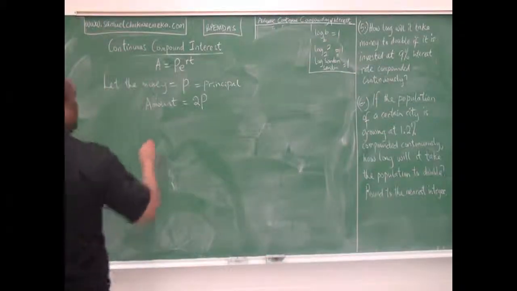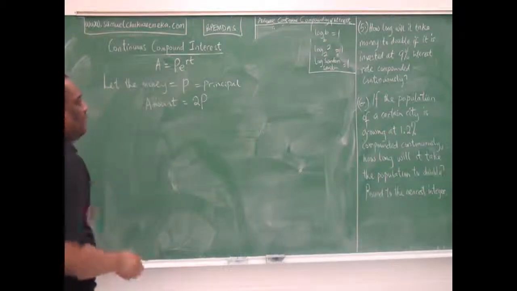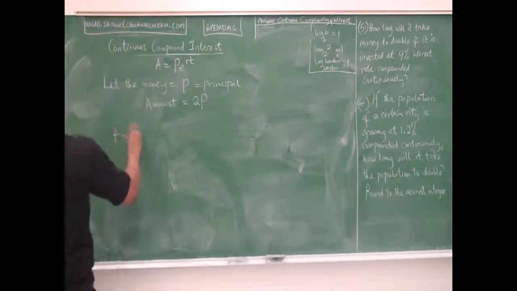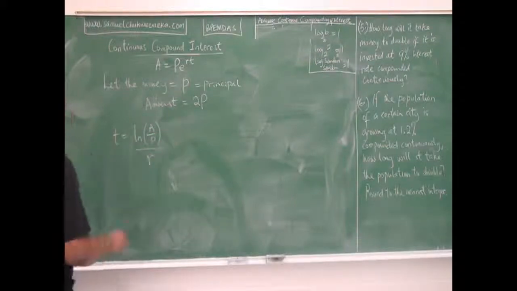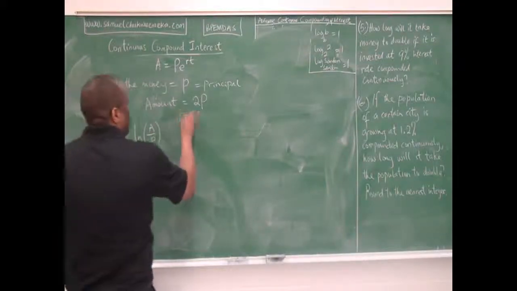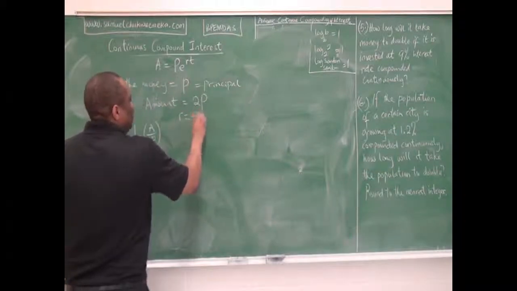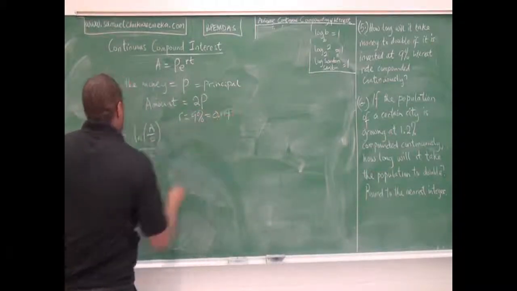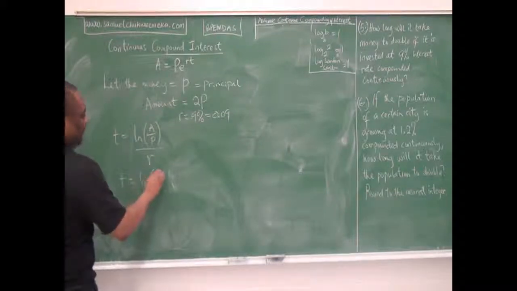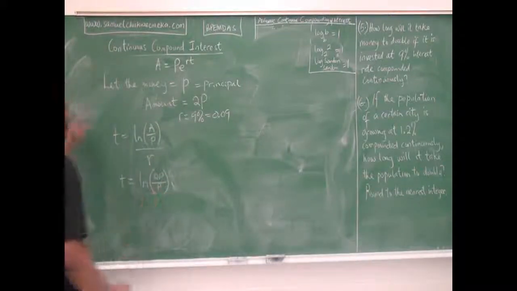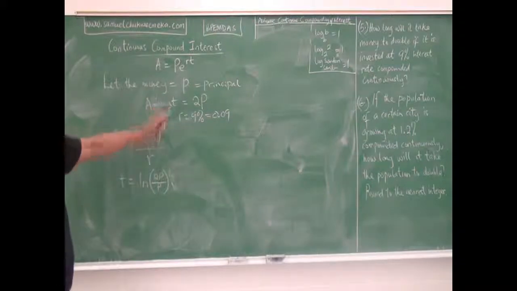They're asking us for T. Now what did we get as our T? Our T was ln(A over P) divided by R. Now what was our R? R is 9%, which is 0.09. So T will be ln of A, which is 2P over P, then divided by 0.09. Are you with me now? Because your A is 2P.